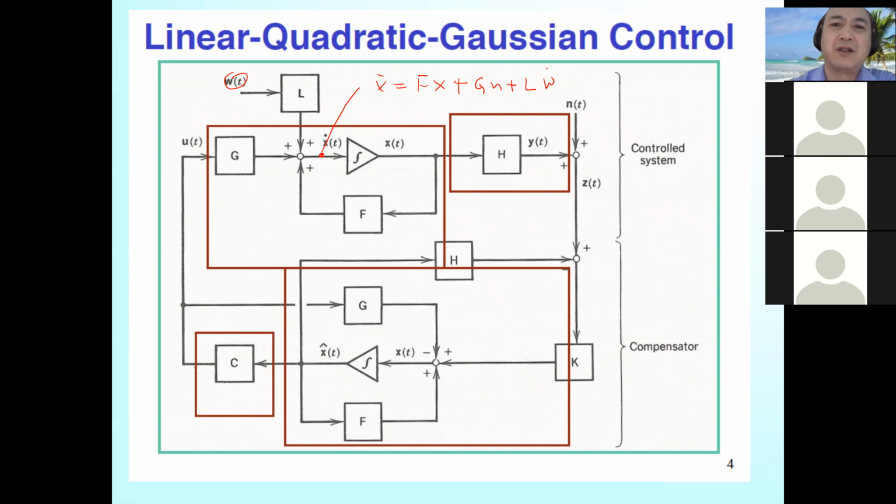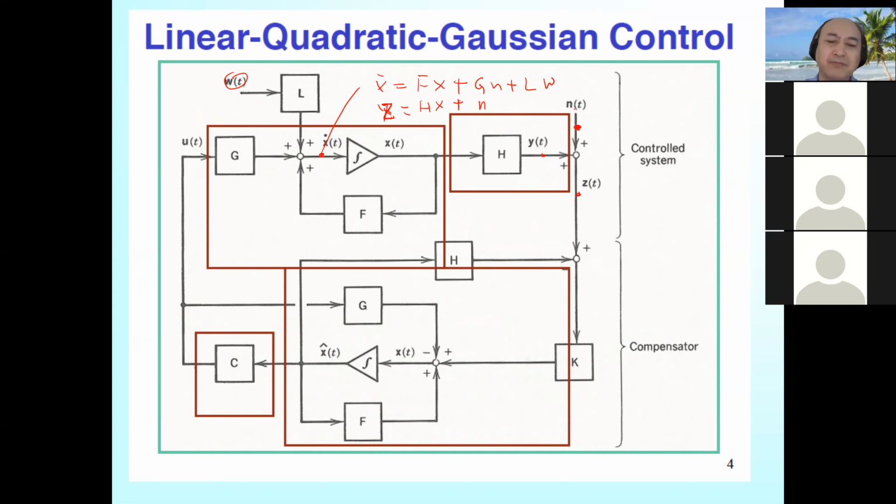Here the output equation Y is coupled with the noise Z, so I'm writing a Z in here. It is my H times X plus my N. Remember, I just put N directly here; that is not going to lose any generality.